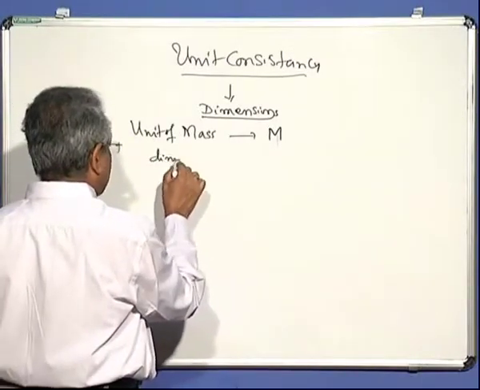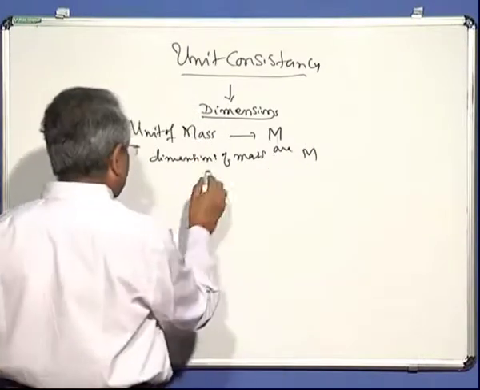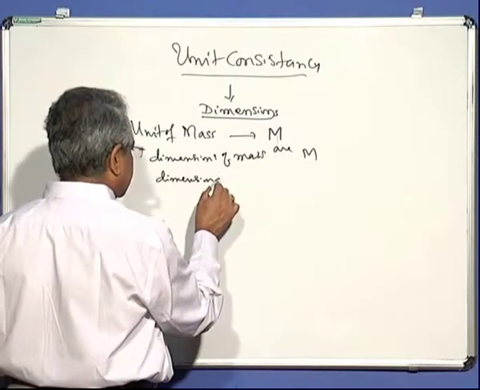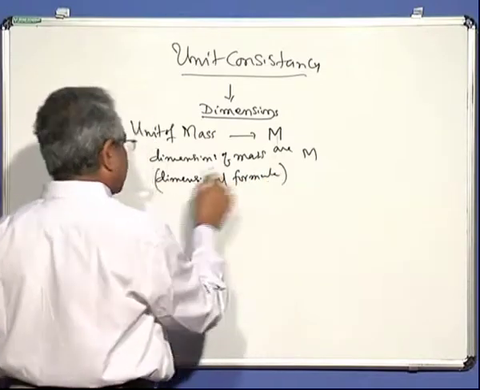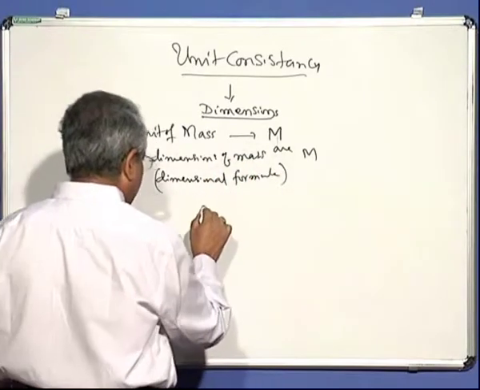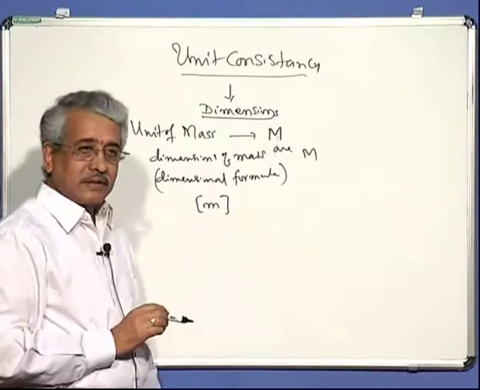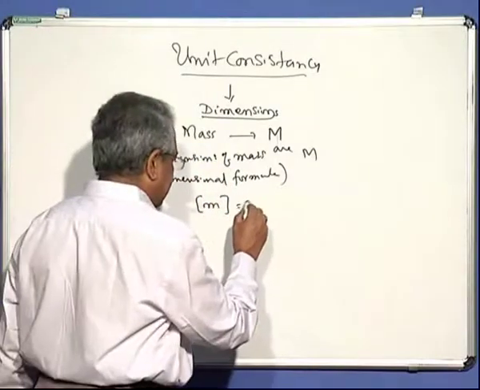The dimensions of mass are M. We can say that, or we can say the dimensional formula of mass. You can call it that way also. It is M. Or we can write it in a bracket like this, which means what you are talking about is the dimension, and that is M.